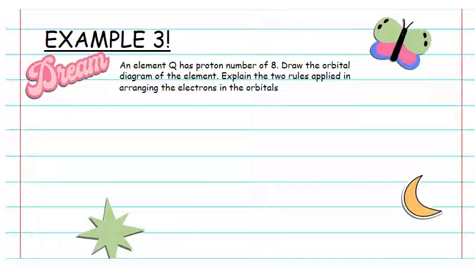So example yang ketiga, an element Q has proton number of 8. Draw the orbital diagram of the element. Explain the two rules applied in arranging the electrons in the orbitals. Alright, so dia minta pada you sekarang draw the orbital diagram.